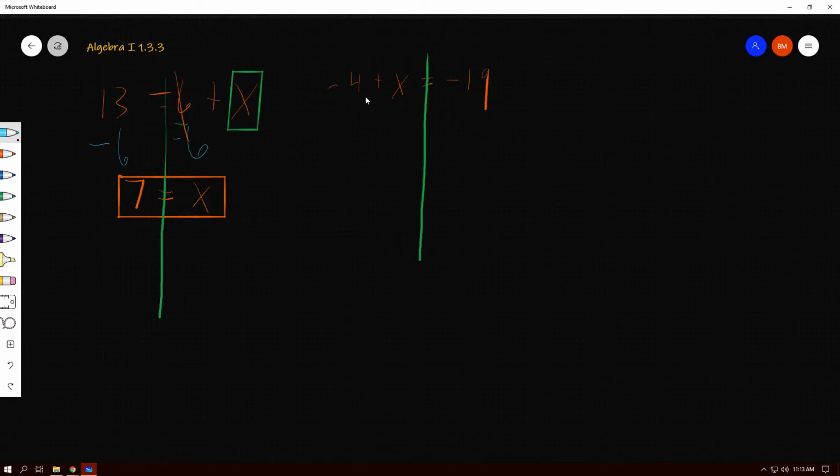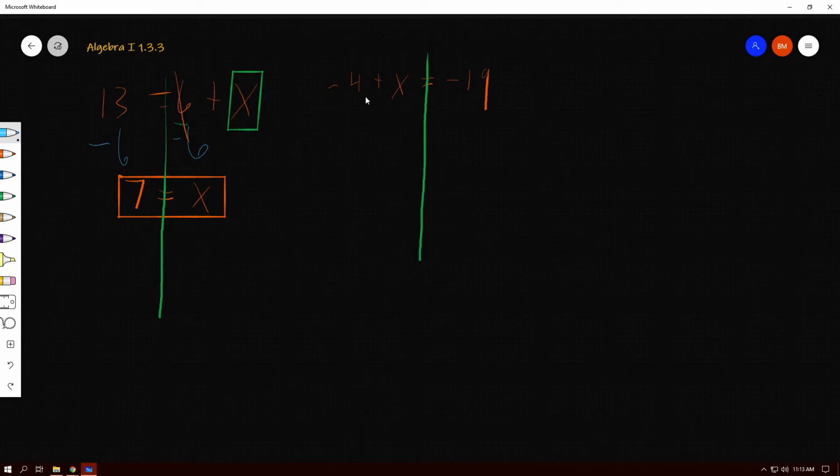What is on the same side as x? The negative 4. What is the negative 4 doing to the x? In the last one, the 6 was adding, and it looks like there's an addition sign between the negative 4 and the x. So should we subtract?